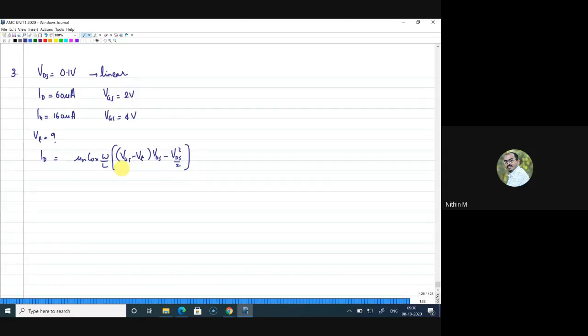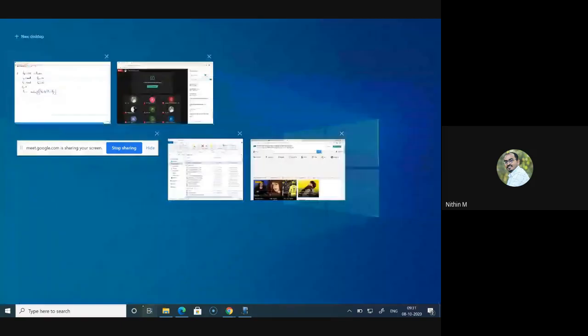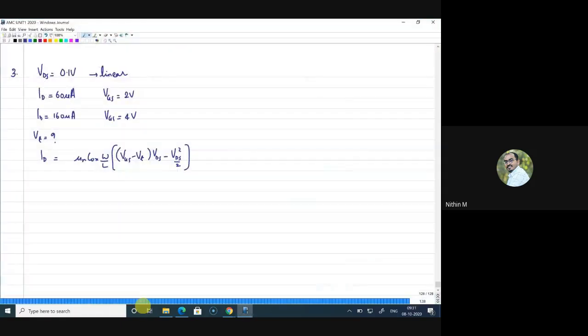In this linear region device, you have VDS, you have VGS, you have ID. That means you can write two equations of similar form. The first case is 60 microamps current. Whatever mu n Cox W by L is doesn't matter, I'll just write it as Kn into VGS minus VT, so 2 minus VT, into 0.1 minus 0.1 square by 2.